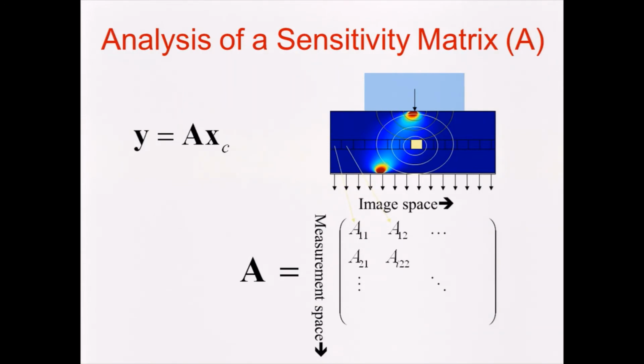In that case, that row of voxels goes to every column in this matrix, and this row of detectors goes to every row in that matrix. So this is a simple mapping from this voxel to all of these detectors, and that's what this image space to measurement space matrix would do.